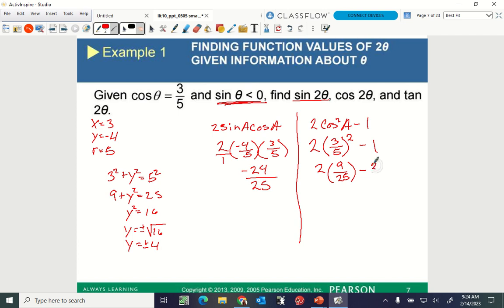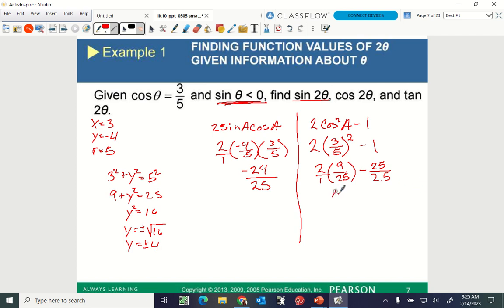So I'm going to say it's 25 over 25. Why would I do that? I need the common denominator, so might as well just put it into 25 over 25, right? So save myself some headaches later on. Let's go ahead, and I'm going to do the multiplication. Again, this 2 out front is a whole number, so it goes like this over 1.